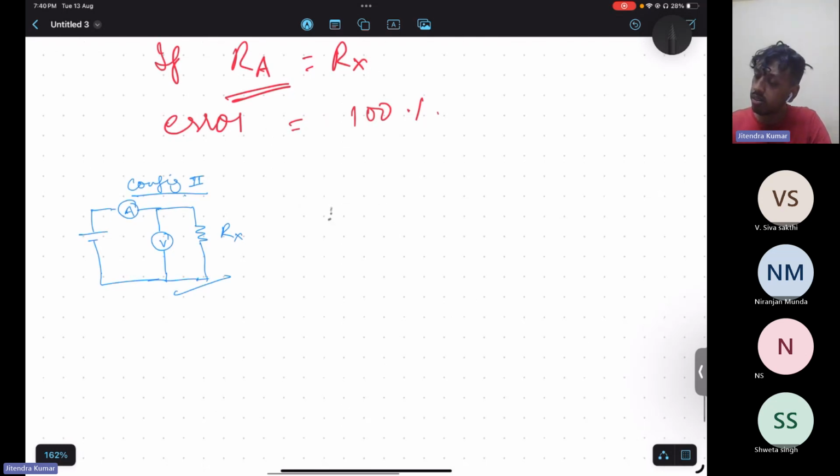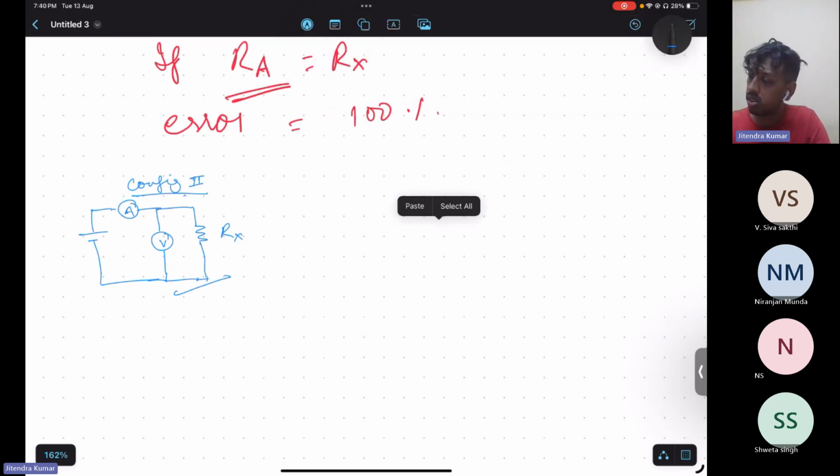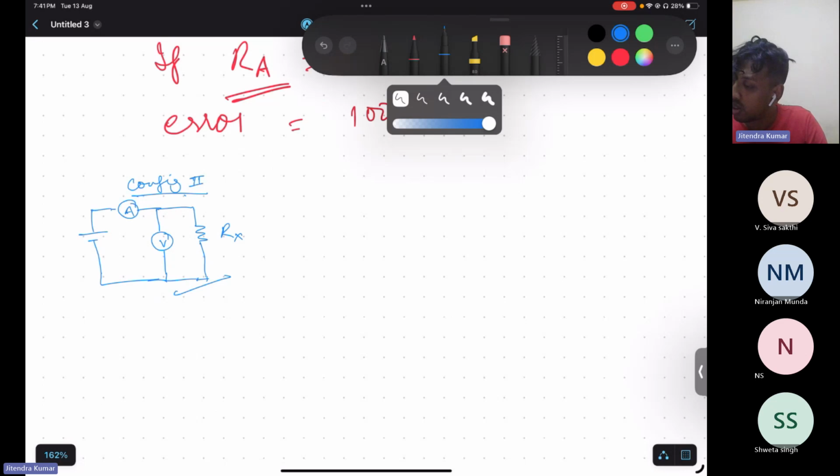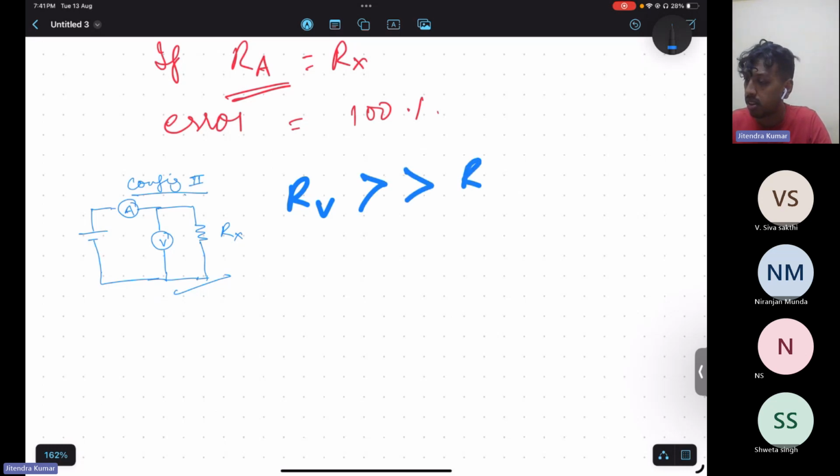Or RV should be much higher than Rx. Why? Could you please let me know the reason behind it?